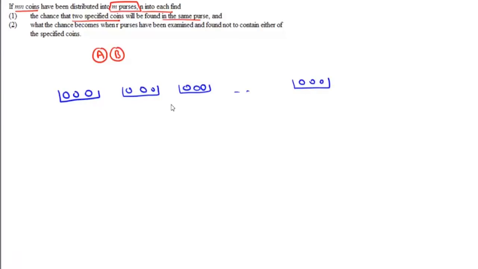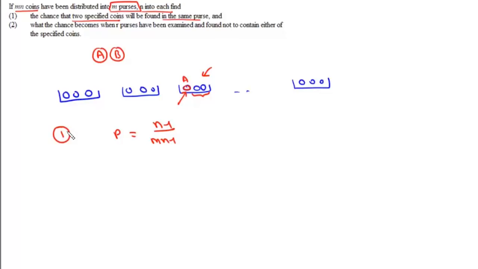Now in one of the purses, we'll have A. Now suppose A is present in this purse. For B to be present in this purse, B can be there in any one of the remaining n minus 1 places. So number of favorable places for B will be simply n minus 1, whereas total number of places will be simply m into n minus 1. So this probability that 2 specific coins will be found in the same purse is given by n minus 1 upon m into n minus 1, and that's our part 1.